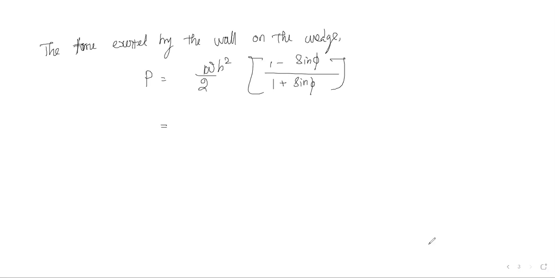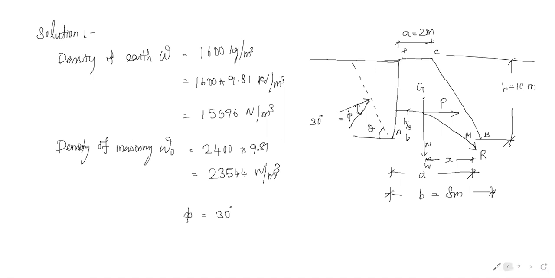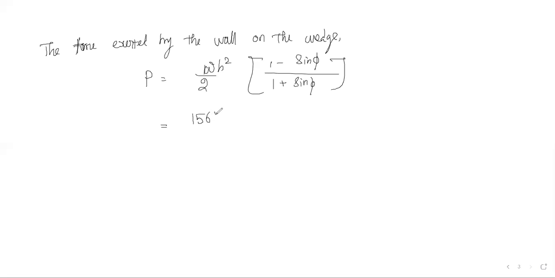So the value of density of earth is equal to 15696. P is 15696 into h square, 10 square, divided by 2, into (1 minus sin 30 degree) divided by (1 plus sin 30 degree). If I substitute this, I can get the value of P. So 15696 multiplied with 10.